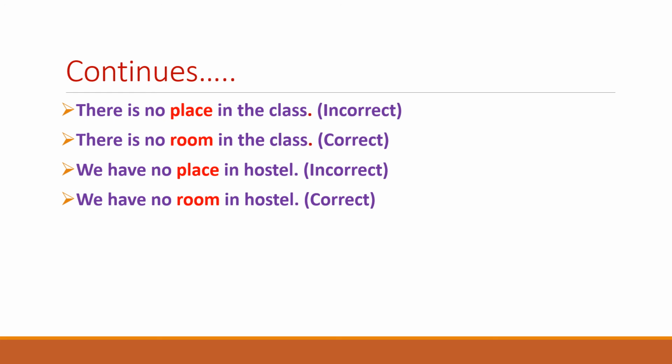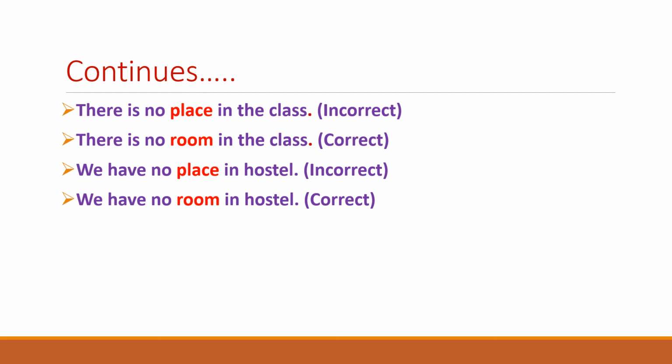So place is the incorrect usage, and it is replaced by room. So the correct expression is, we have no room in the hostel. So that is the correct usage of the noun.